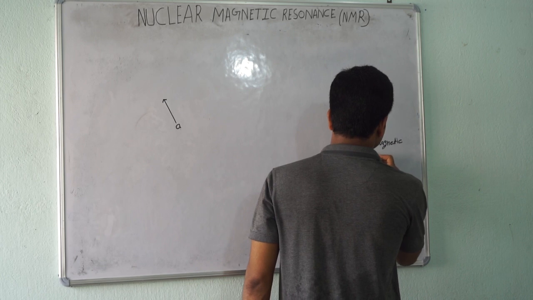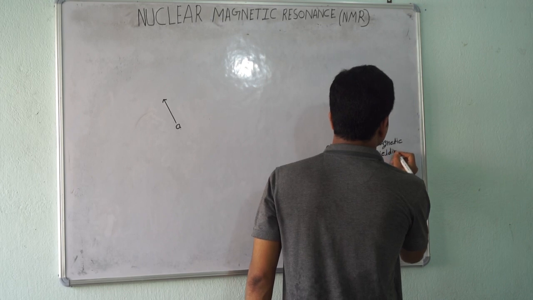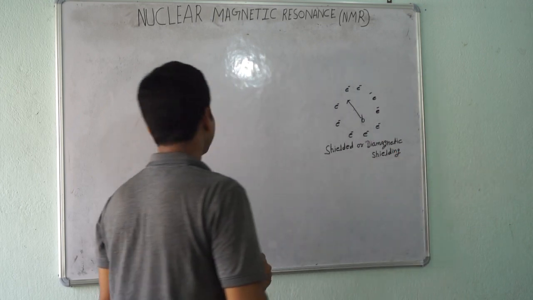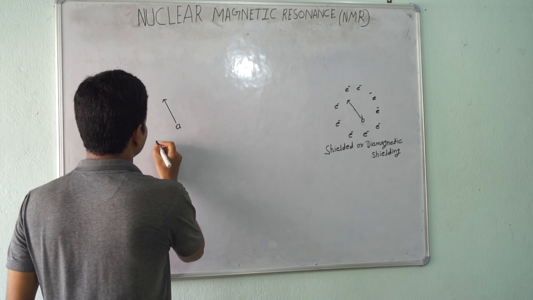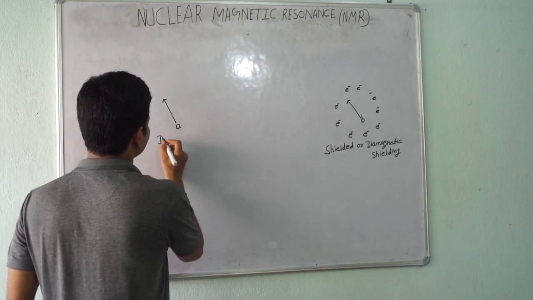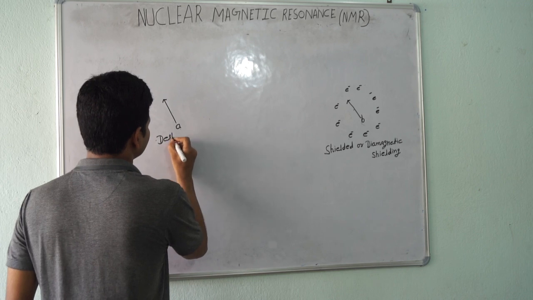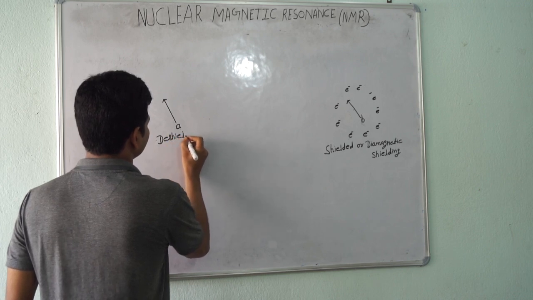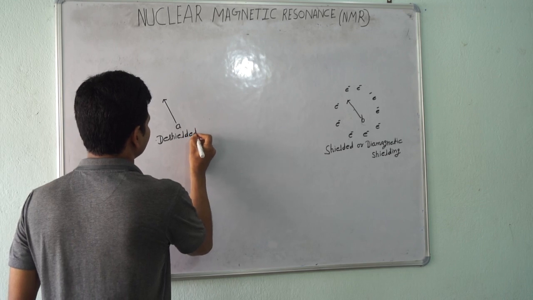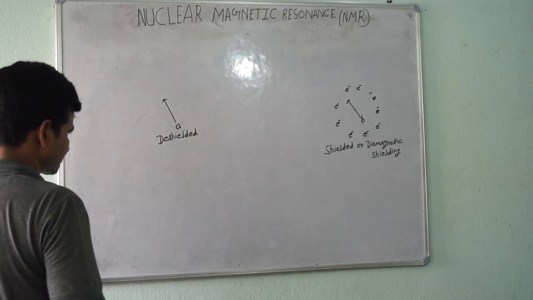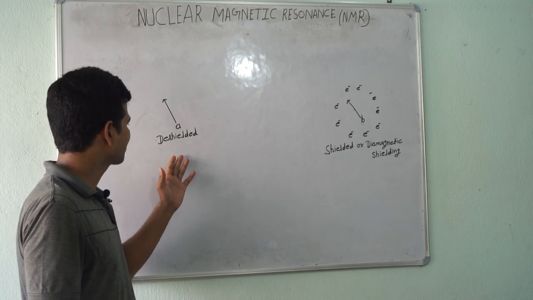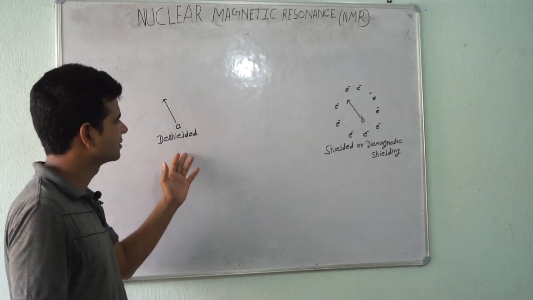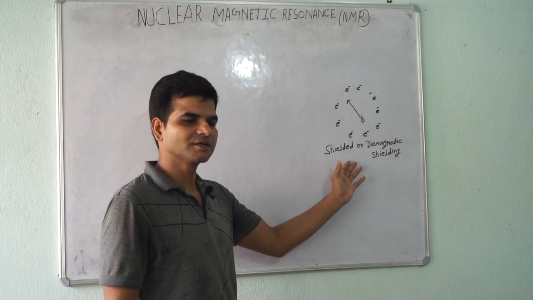But the hydrogen atom which is not surrounded by electrons is called de-shielded. De-shielded means the hydrogen atom is not surrounded by electrons. Shielded means the hydrogen atom is surrounded by many electrons.